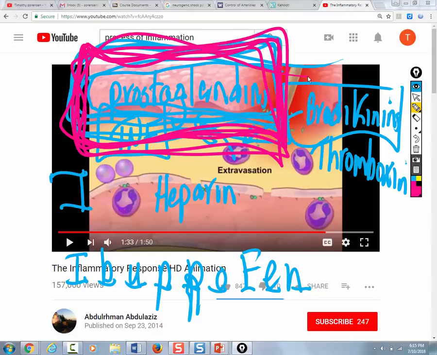So when prostaglandins go up, you get a fever. That's why ibuprofen can be used as an analgesic, an anti-inflammatory, and an antipyretic, because prostaglandins do all three things.